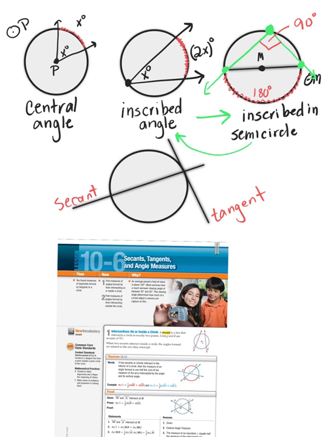If I have a tangent and a secant that intersect at the point of tangency, then notice that I have two angles formed. I'm going to name them angle 1 and angle 2. To find those angles, again, since the vertex is on the circle, the measure of angle 1 is going to equal 1/2 of its intercepted arc.